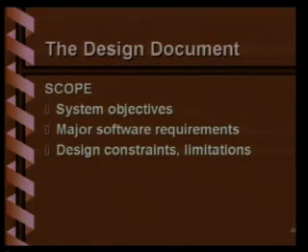The document for the design should consist of some basics, that is the scope of the design, or the scope of the system to be more precise, where system objective, major software requirements, design constraints and limitations should be pointed out. Well, this particular section of the design documentation will be drawn from SRS.